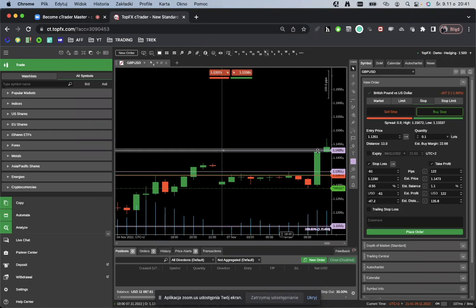So if you want to trade it using the buy stop, you need to know that there is no guarantee that you will be filled at 1.1351, because this market movement is very, very aggressive, very dynamic.